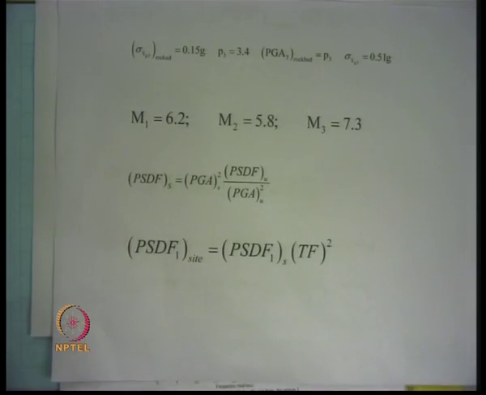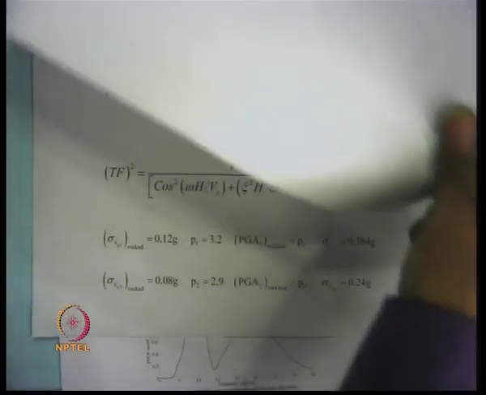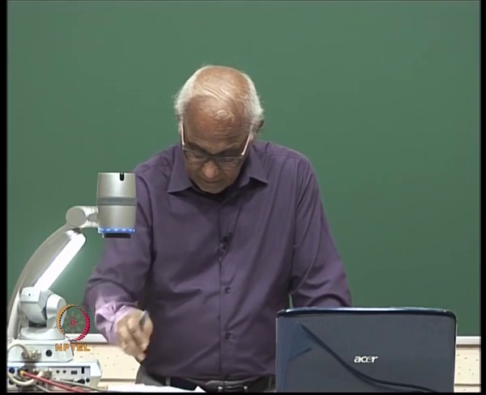Now, once we get these 3 power spectral density functions at the site, then we generate the time histories of the ground motion, or synthetically generate the time history of ground motion from the given power spectral density function.